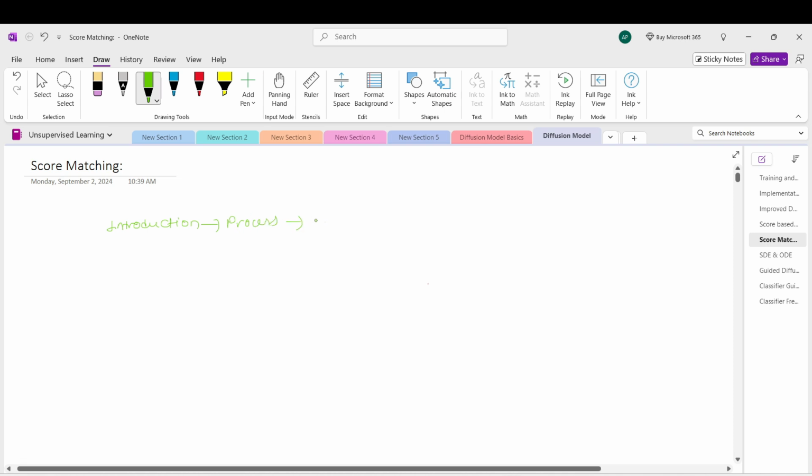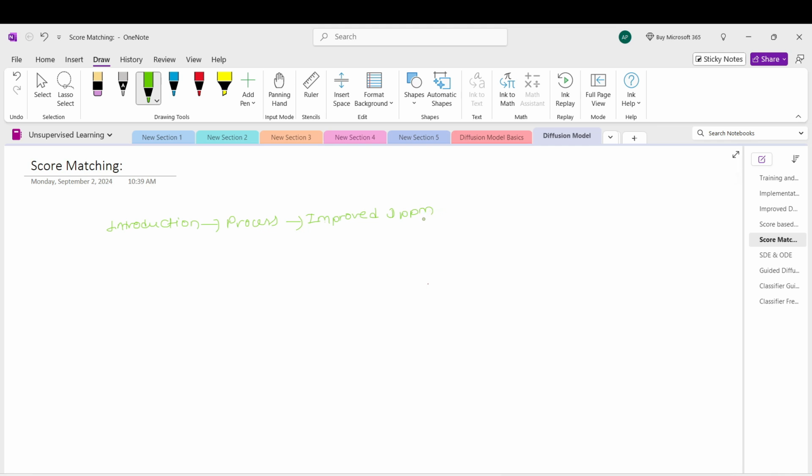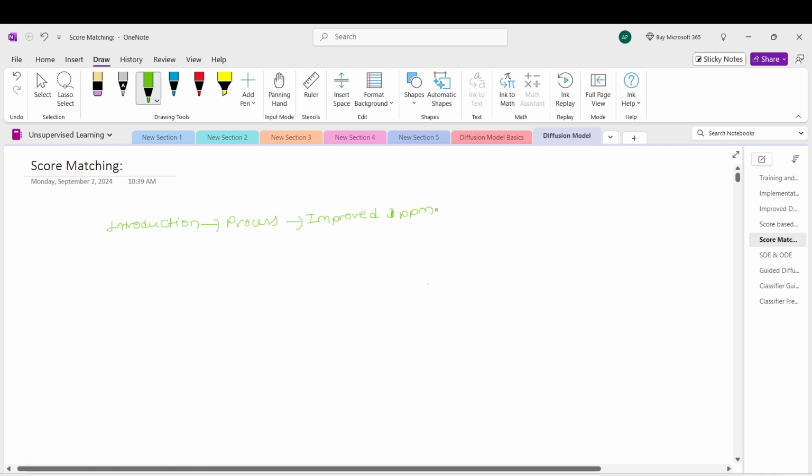After that, we understood how we can improve the DDPM by learning variances and improving the noise schedule, and other details. How can we improve the DDPMs?